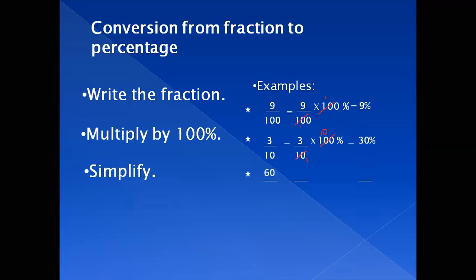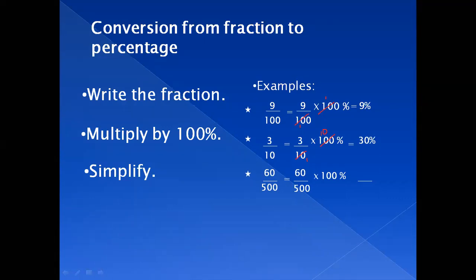Now the next question. 60 out of 500. So we will write it as a fraction again and then we will multiply it by 100%. Then the third step is to simplify. So we will do the simplification. 100 ones are 100 and 100 fives are 500.